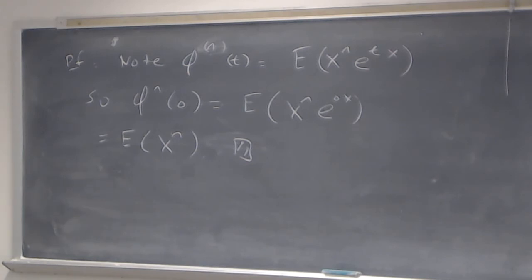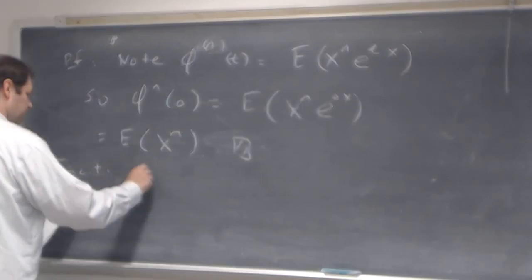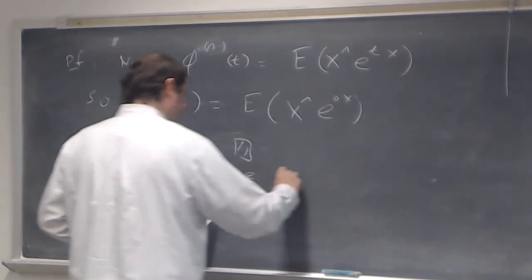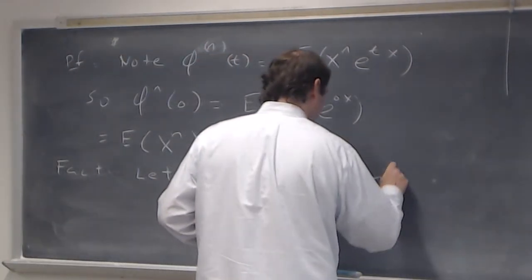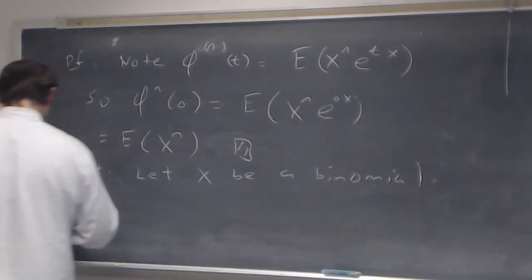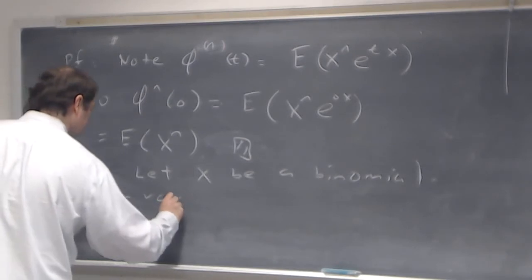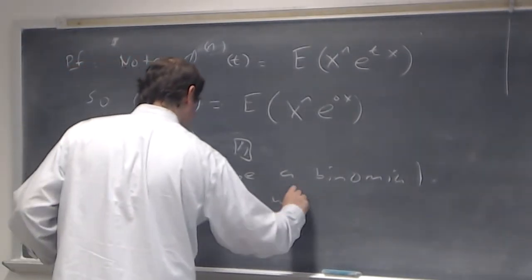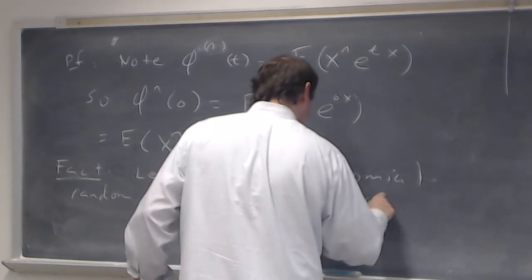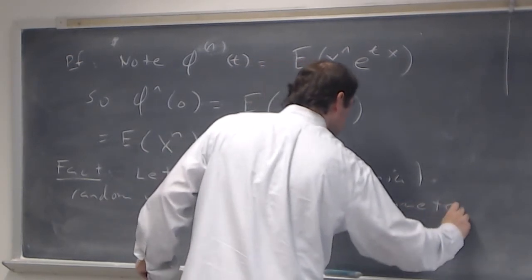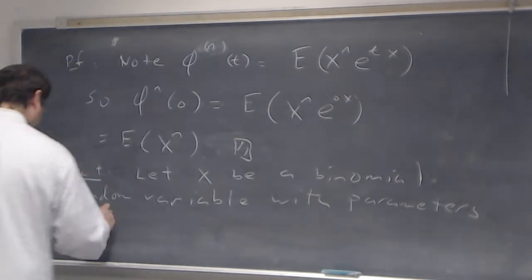Now I want to do examples of finding the moment generating function for some particular random variables. And so we'll start off with a binomial random variable. So we'll let x be a binomial random variable with parameters n and p.